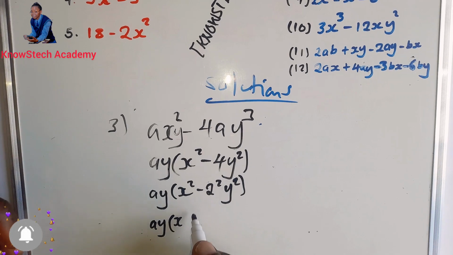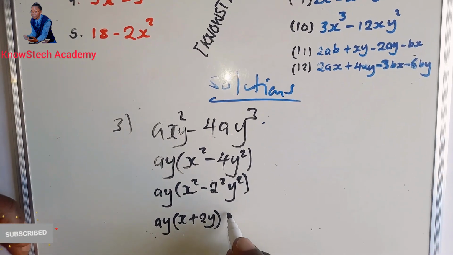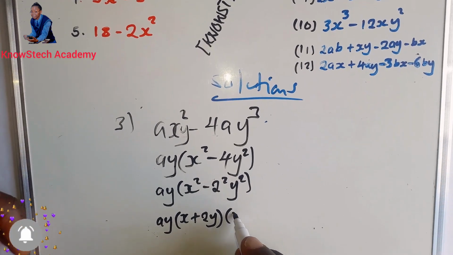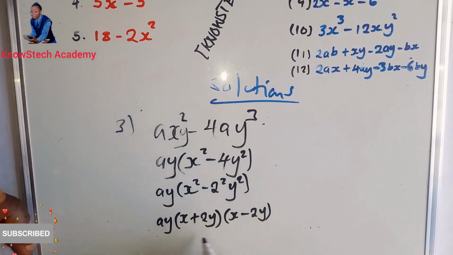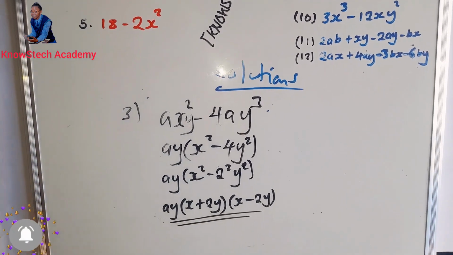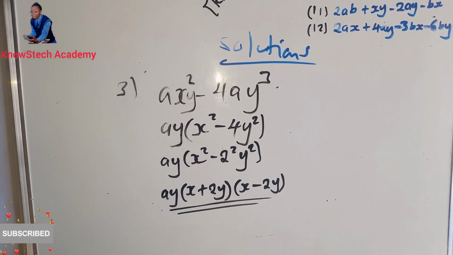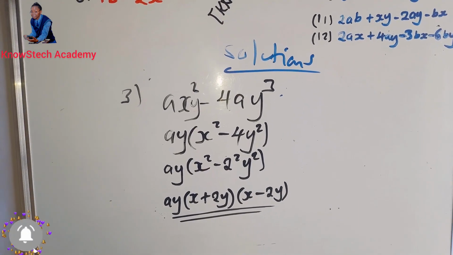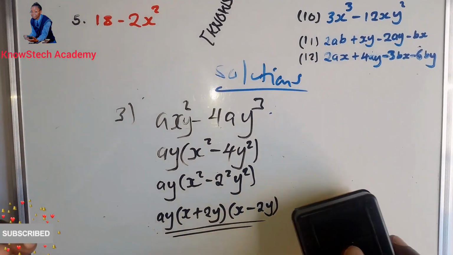Inside, we're going to write one of the x's plus 2y, close, open bracket, the remaining x, in this case minus 2y. And this is the answer. So that's how we factorize the third question. We move on to the fourth question.